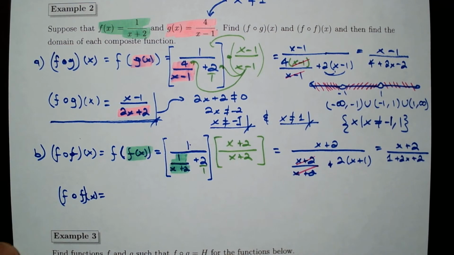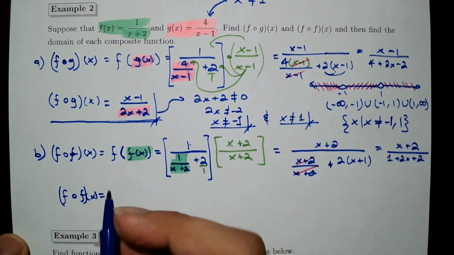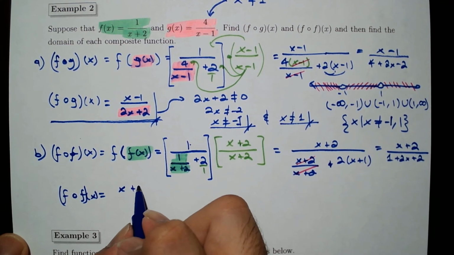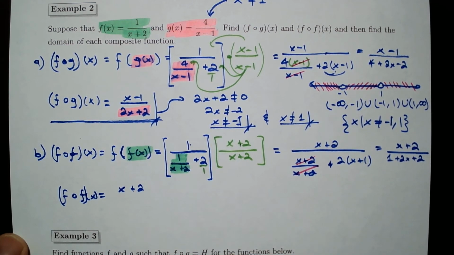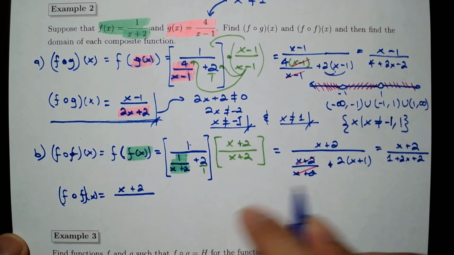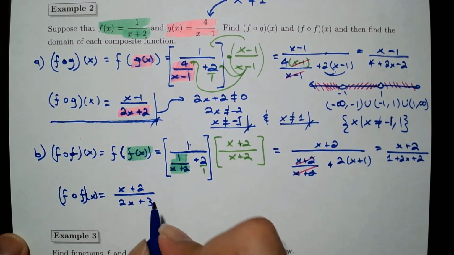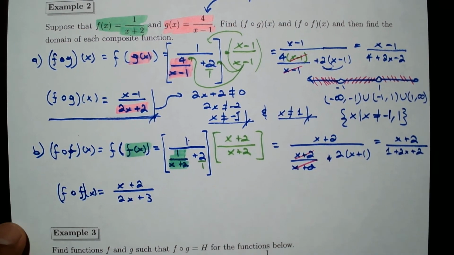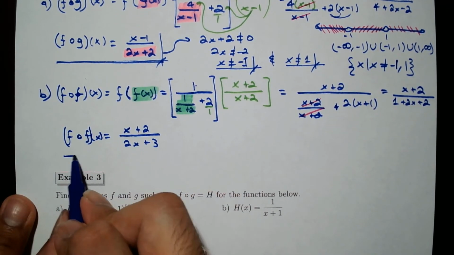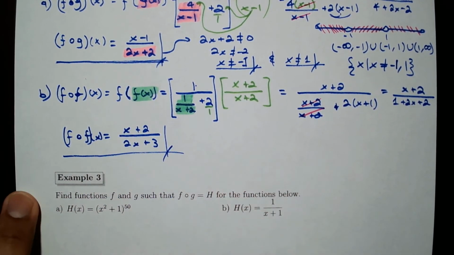That's going to be x plus 2 in the numerator and 2x plus 3 in the denominator. All right, so that's the composite function of f with itself.